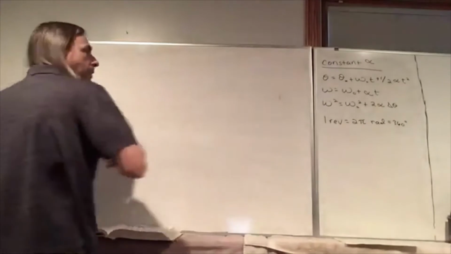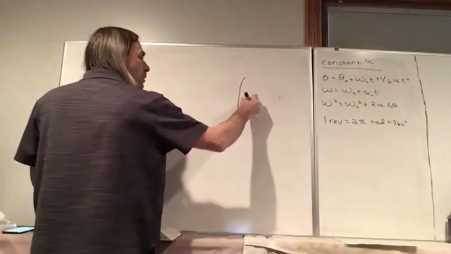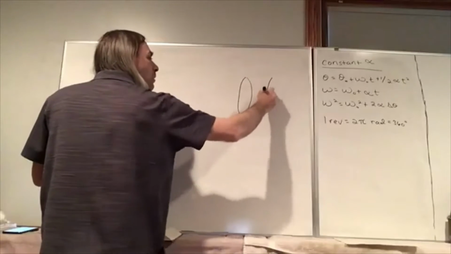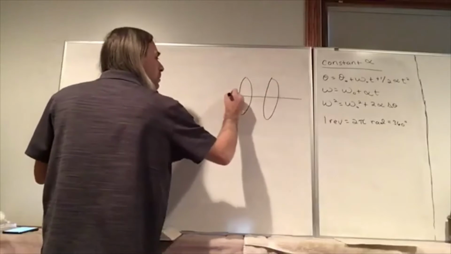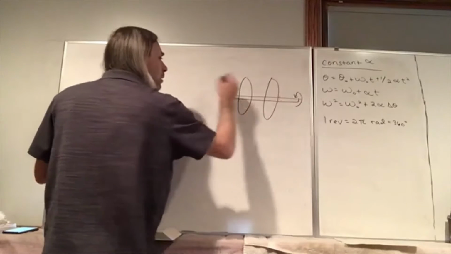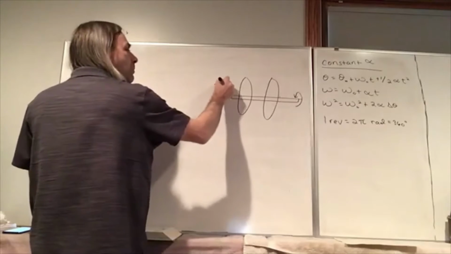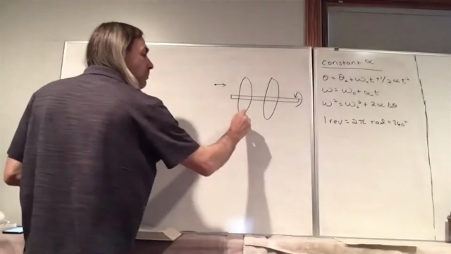I'm going to try to draw this. We have these 2 discs that are rotating together, and we shoot a bullet. Okay, so let me read the problem.